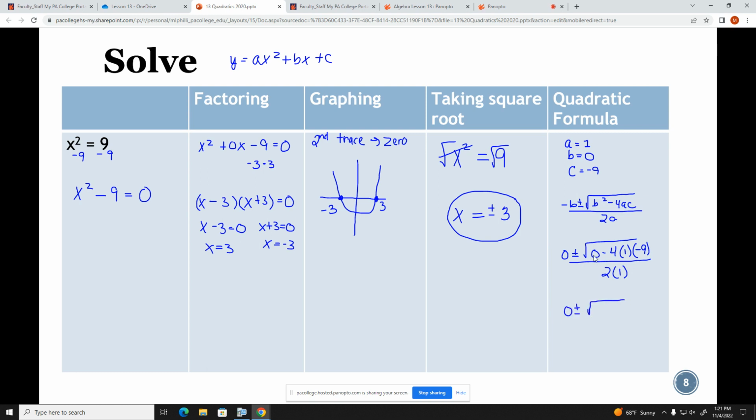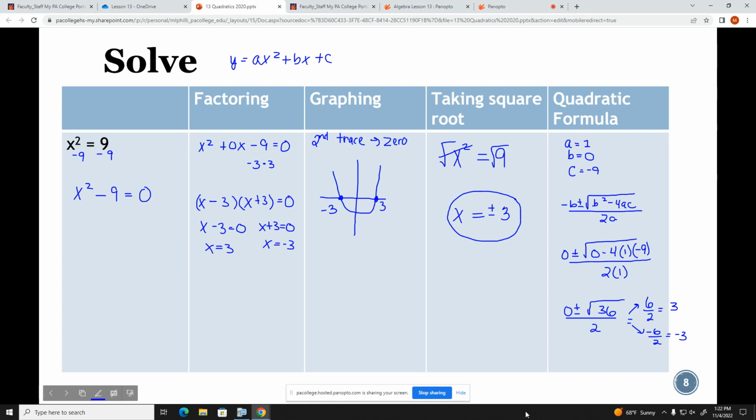Inside my square root, I put all of this on my calculator, so 0 minus 4 times 1 times negative 9 gives a positive 36 over 2. Simplifying on top, 0 plus the square root of 36 gives 6 over 2. So that was the plus. And 0 minus the square root of 36 gives negative 6 over 2. And simplifying further, I get answers of 3 and negative 3.